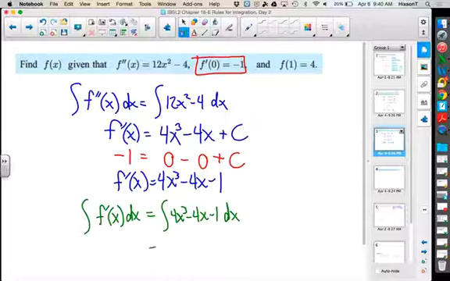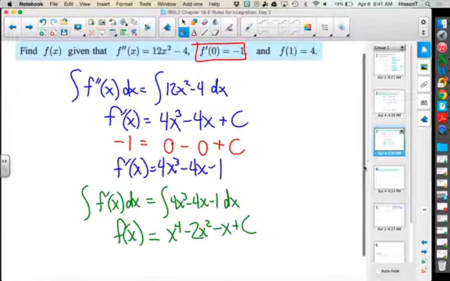When we do this, we're getting f of x. What's the integral of 4x cubed minus 4x minus 1? X to the 4th power. 4x to the 4th over 4 is just x to the 4th, minus 2x squared, minus x, and then we've got the plus c.